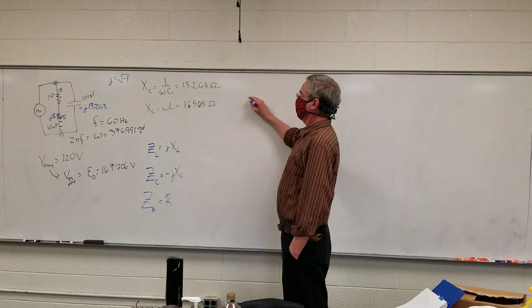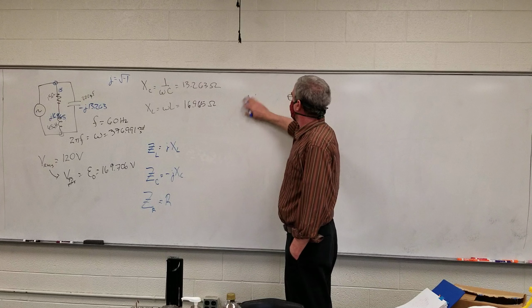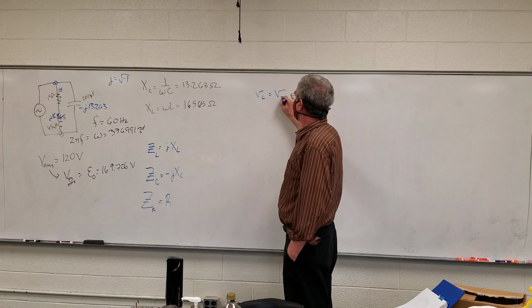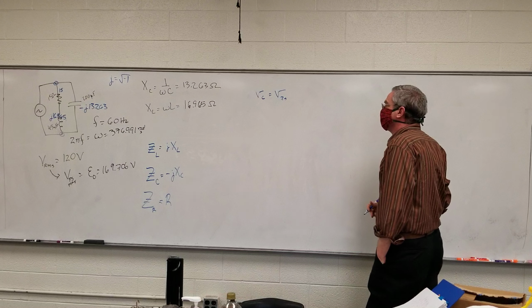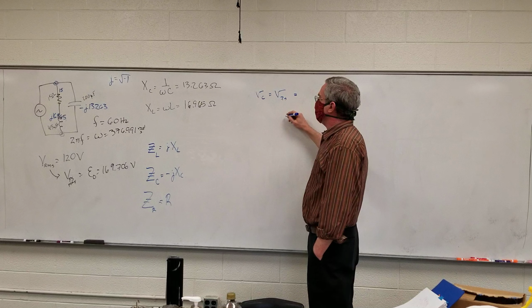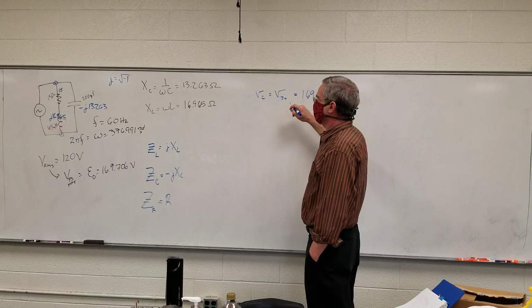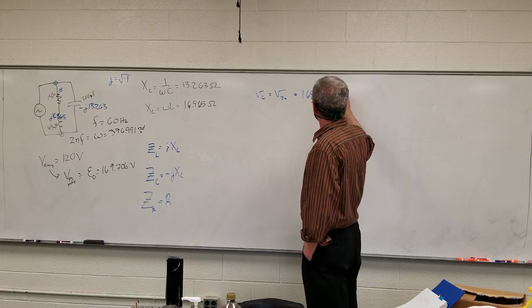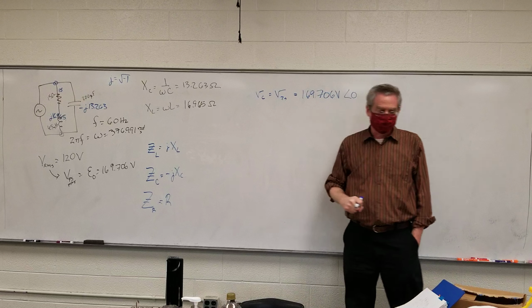So therefore, the voltage across the capacitor should be the same as the voltage across the power supply, because they're the only 2 components along each path. And that's just going to be the magnitude, 169.706 volts at an angle of 0.